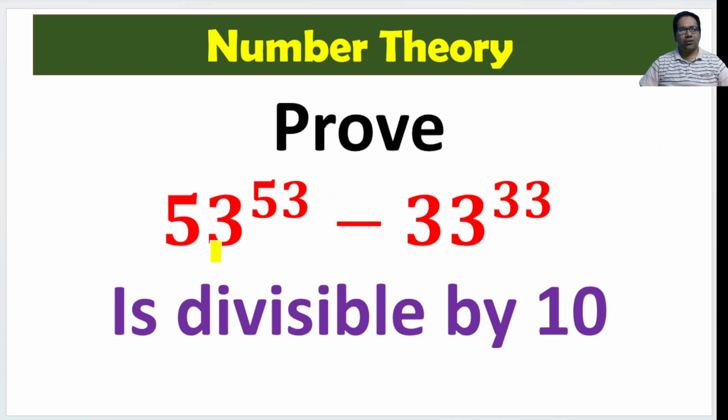When the difference has some zero at the end, what does that mean? Those two numbers are definitely ending with the same digit. We cannot have two numbers ending in different digits and still have their difference end in zero.